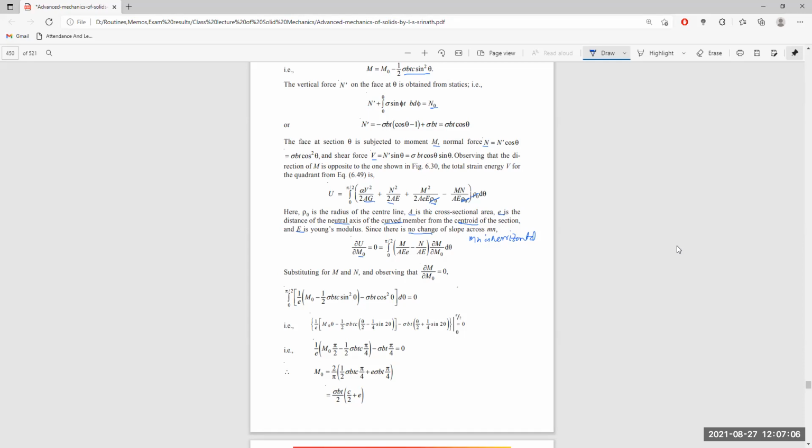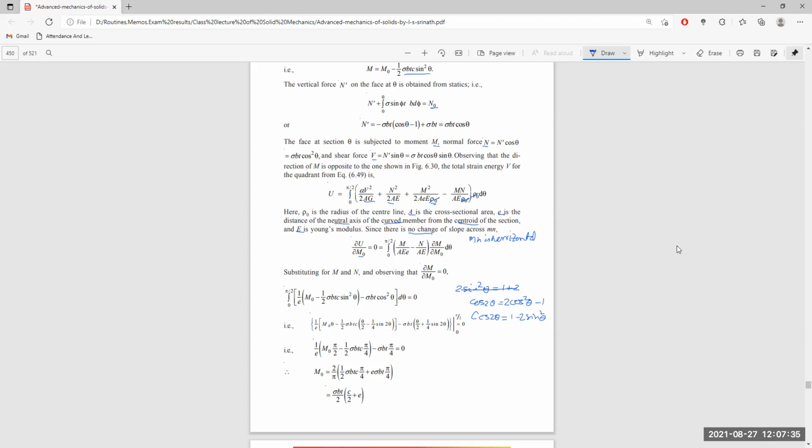Cos 2 theta is equal to 2 cos square theta minus 1, and cos 2 theta is 1 minus 2 sin square theta.